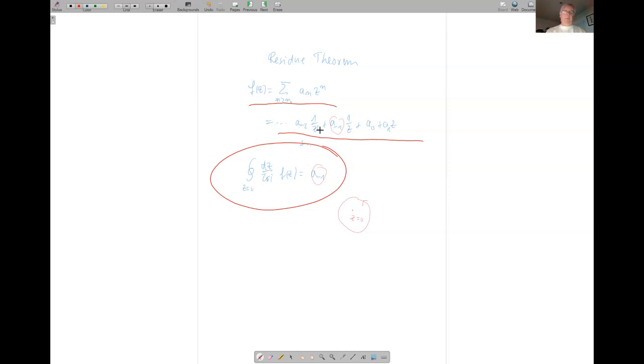It's always understood, by the way, that the contour only includes the singularities or poles at z equals 0. Of course, a function might have more poles, but we indicate here for clarity which of the singularities we want to include in our contour integral.